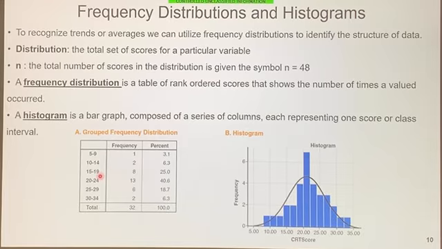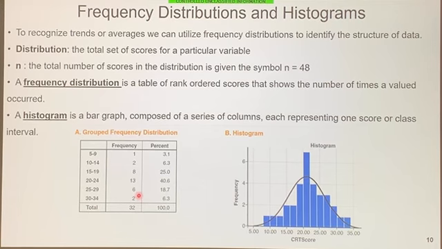So if we take this frequency distribution table, scores that were between 5 and 9, there's 1, and that's 3% in this study. And if we look here, between 5 and 10, there's only 1 value. So the frequency distribution and histogram are giving us the same information.